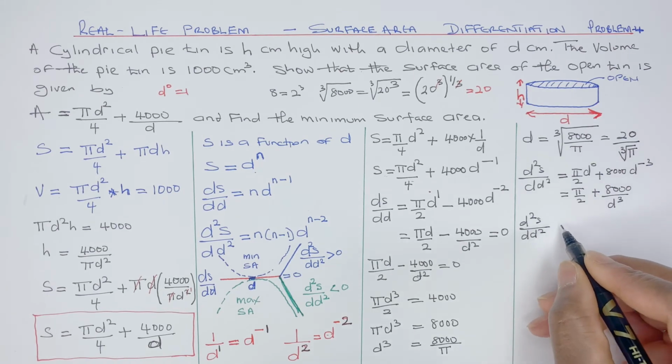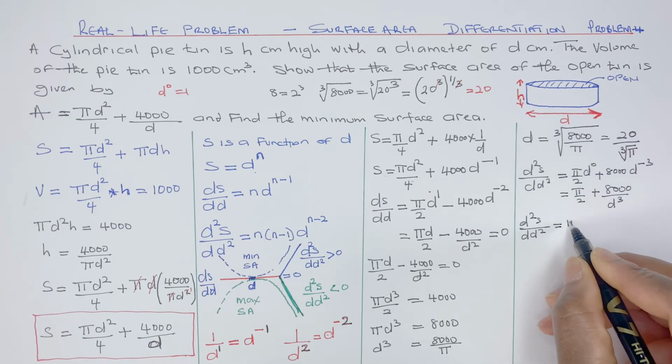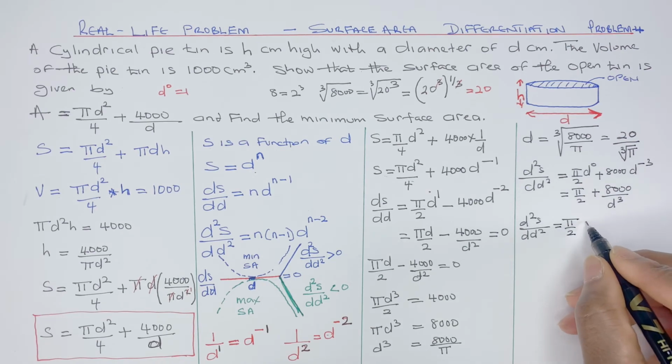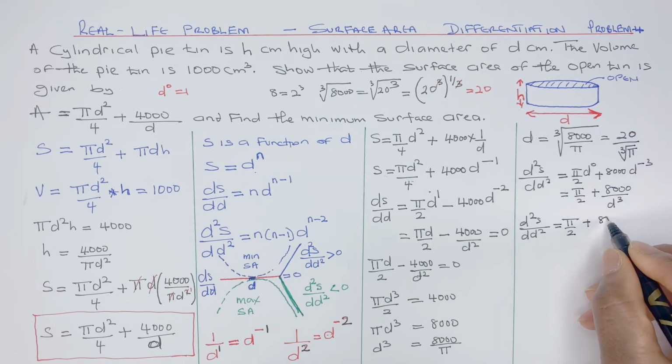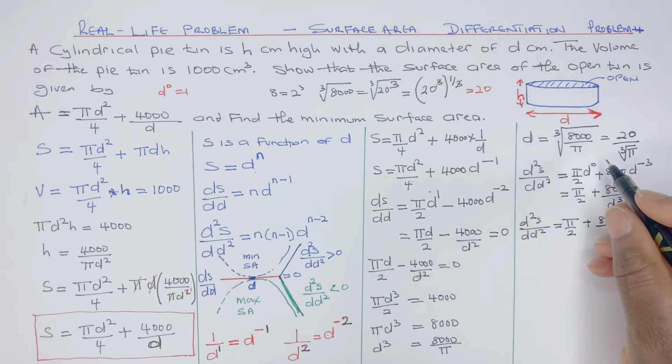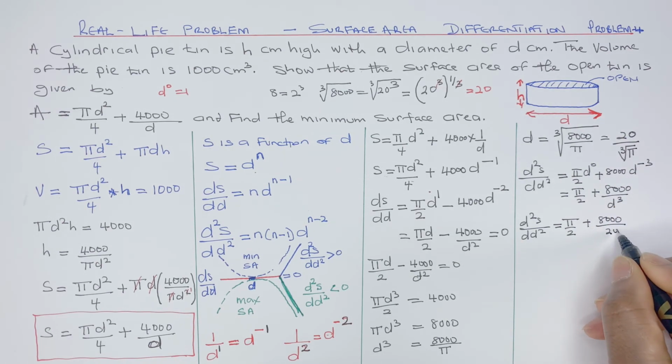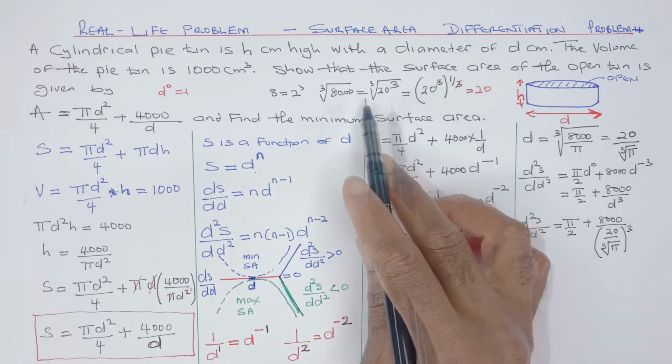That means d²s over dd² equals pi over 2 plus 8,000 over, well, we need to cube that now, 20 over cube root pi. When you cube 20, remember 20 cubed is 8,000.